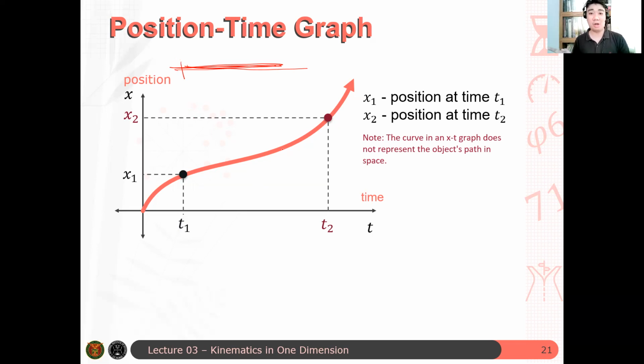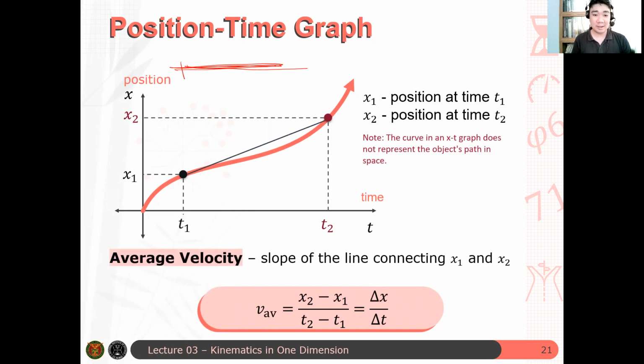We will see more on that idea when we go to 2D and 3D motion. Baka kasi nalilito kayo. But this is only a representation of the position traveled by the particle as a function of time. It doesn't give you the trajectory or the shape of how the particle travels. So yon.